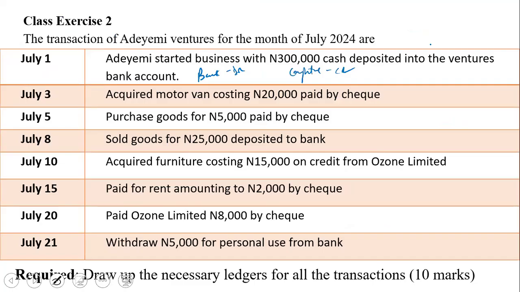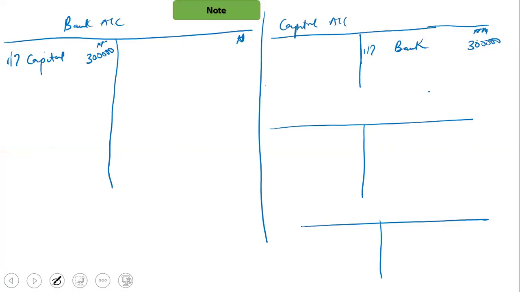July 4th, we have motor van and check. Remember, motor van will be debited, bank is used as check, it will be credited. So we already have bank account. We want to do more, but we don't have motor van, so we open the next ledger for motor van. Now, the rule is that we are debiting. What's the date?